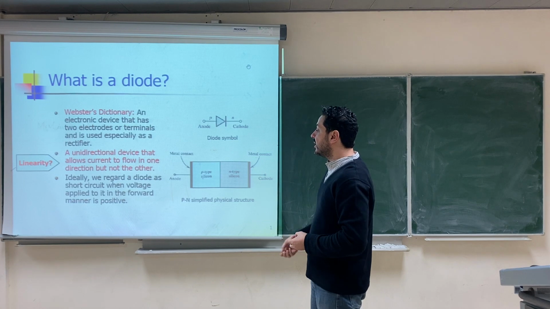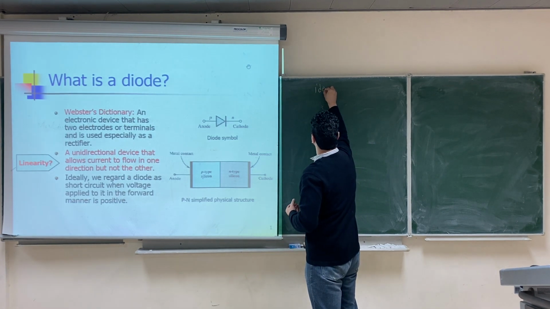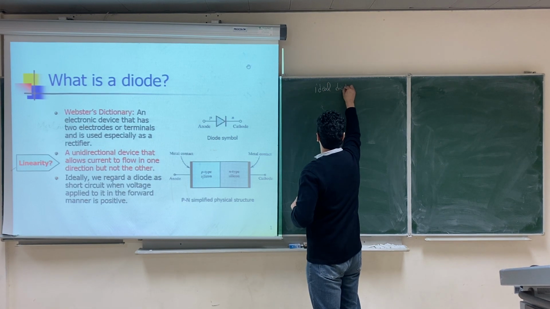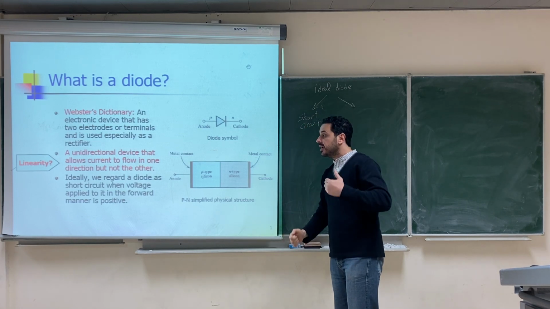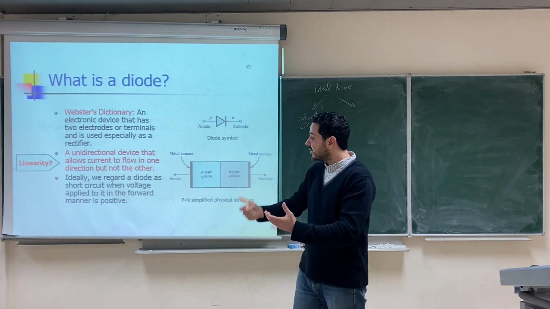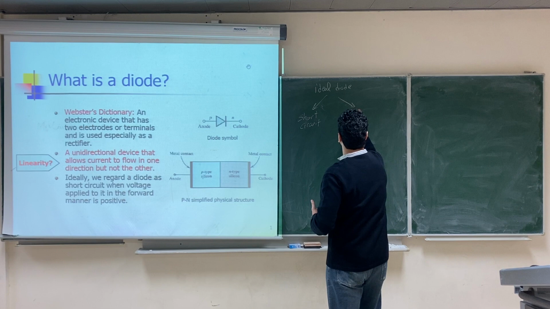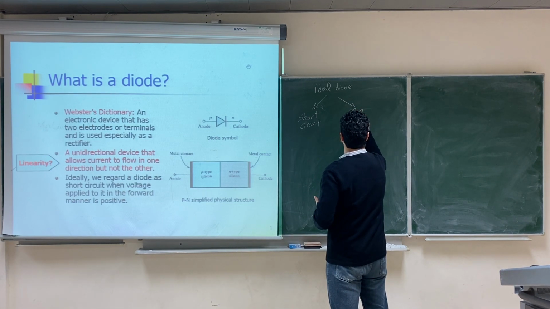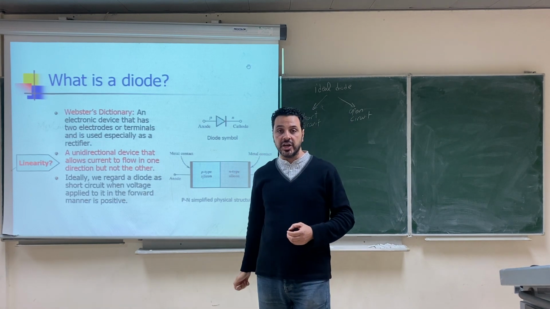The ideal diode works as either a short circuit when you try to push the current in the forward direction of the diode, or it works as an open circuit if you try to push the current in the reverse direction of the diode.